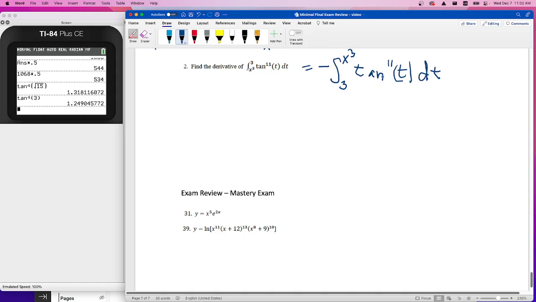So we want the antiderivative of tangent to the 11th power. And let's see, I haven't thought through this too much. So tan t is a derivative. Remember, this is a derivative of something.